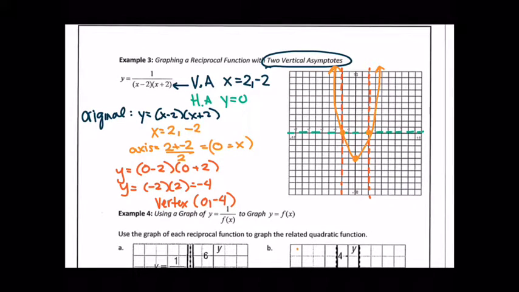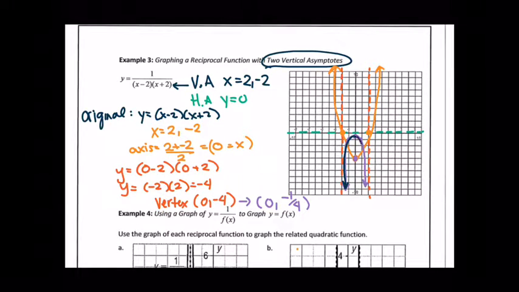Okay, so to graph the reciprocal function of this, the reciprocal of 0 and negative 4 is 0 and negative 1 over 4. So our vertex is going to come up to here. So that means that my reciprocal function, each one of these points is going to move up to here somehow. It's going to look like this in that part of the graph.